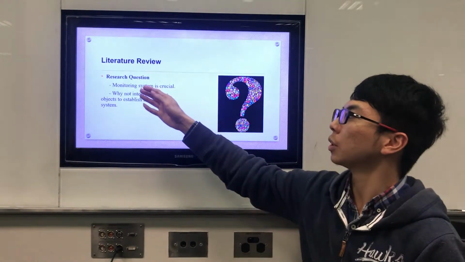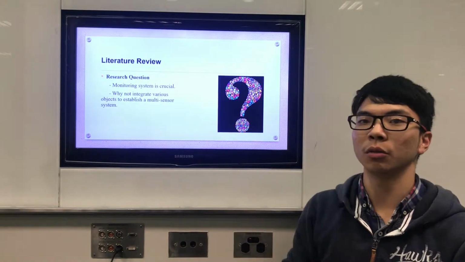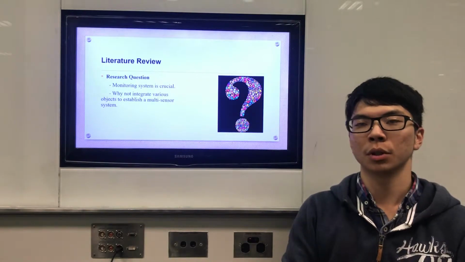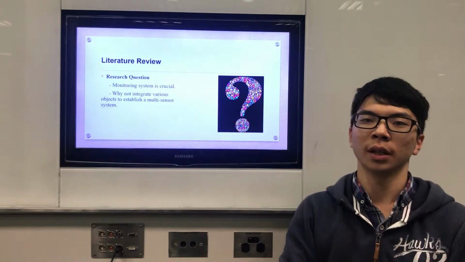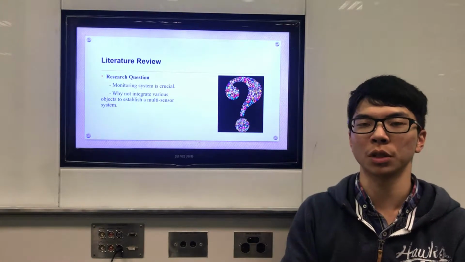So here is the research question. We all know from the literature review that the monitoring system is crucial because you can monitor the process, get some information, and use this information to adjust the next welding parameters.